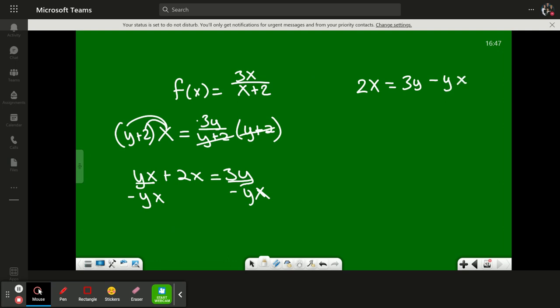Now, how do I get the y out? It's in more than one term, so it's a common factor. 2x is equal to (3 minus x) times y. Factor it out, right? Divide by 3 minus x. There is my inverse function.